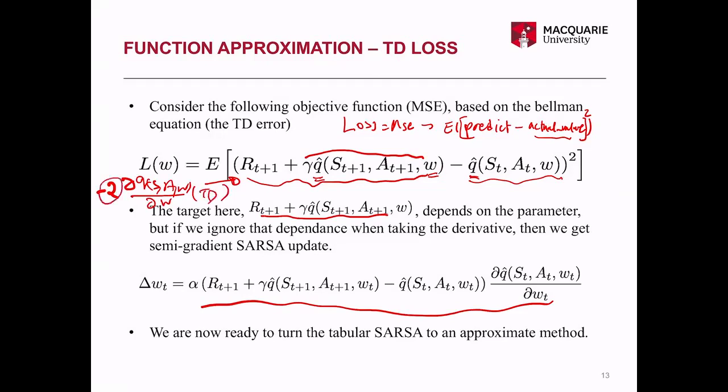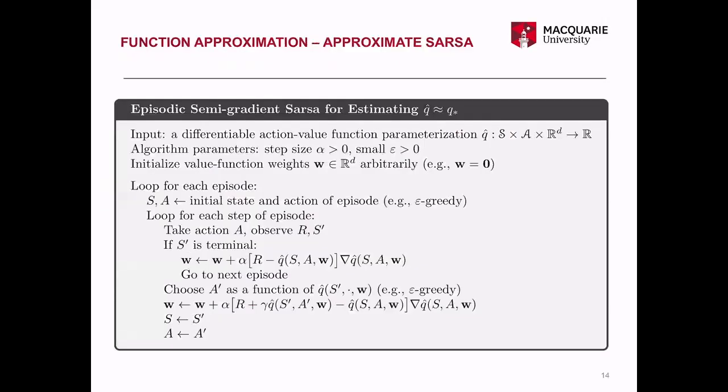And this -2 is usually absorbed by alpha. And there we have our update rule. And that's our first function approximation method. And this is the algorithm.